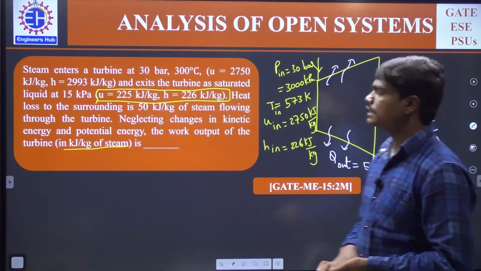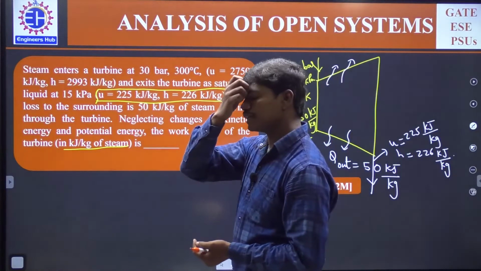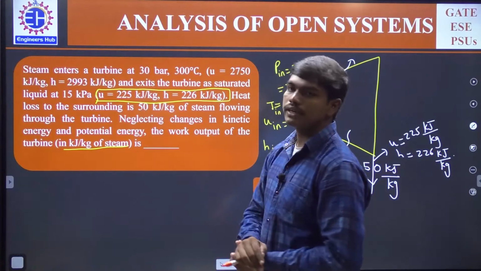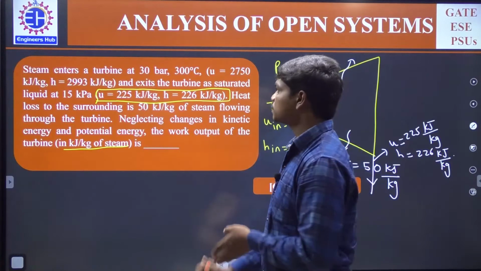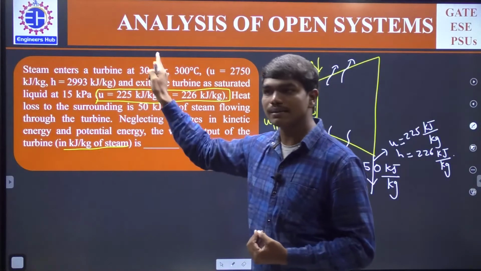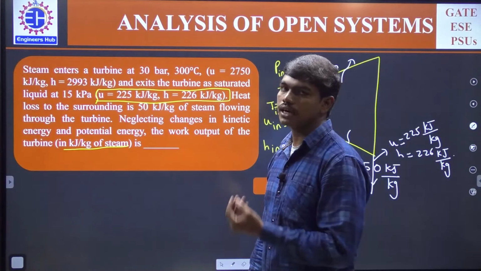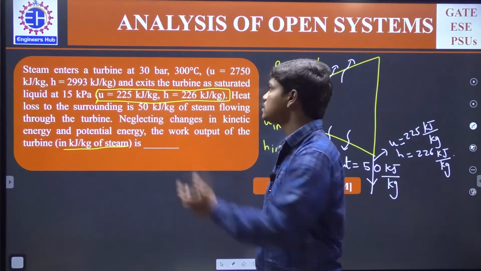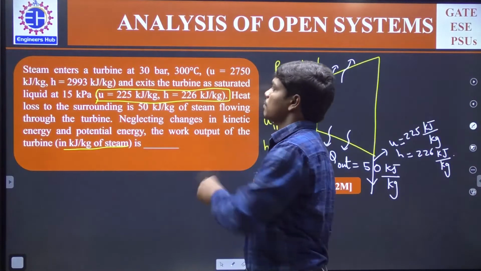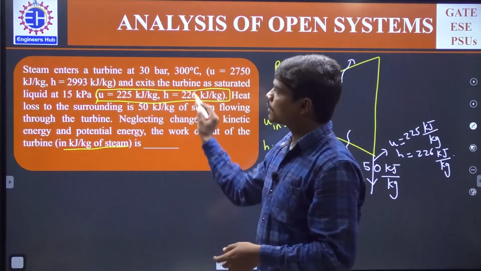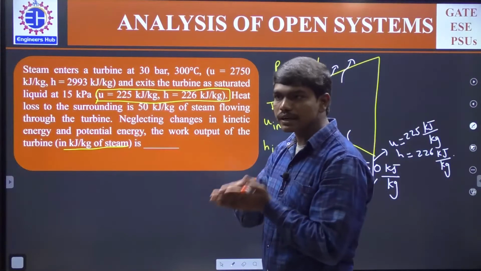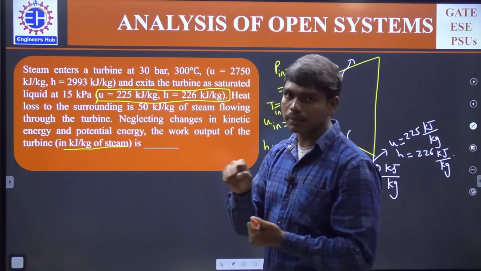One thing to see here: when the fluid is saturated liquid, at its boiling point, the U and H values are very close, because the specific volumes are very low. 30 bar and 300 degrees centigrade is a tremendous pressure and temperature combination, so specific volume will be very high for the steam. But at the turbine exit the pressure is generally very low.